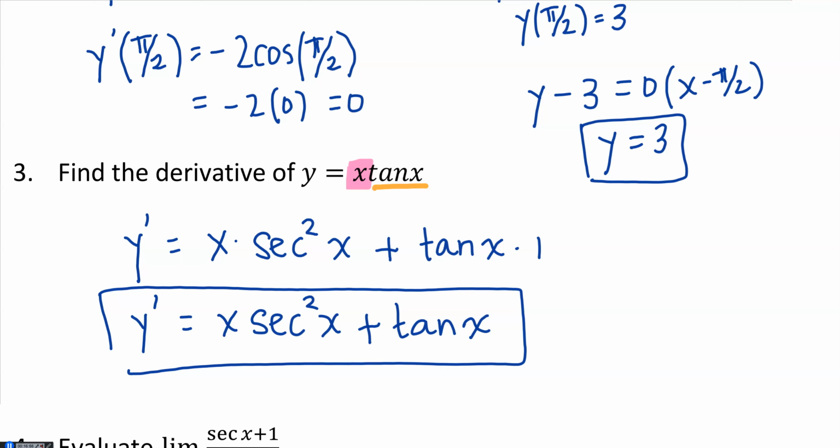So it's the first times the derivative of the second plus the second times the derivative of the first. Make sure you have the derivative notation. If you do not have that derivative notation and you just put an equal sign, I will count off. So get in the habit of writing that out. Good deal? Okay, questions about that one? Feel good about that one?